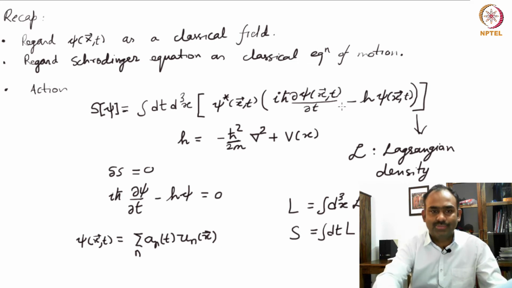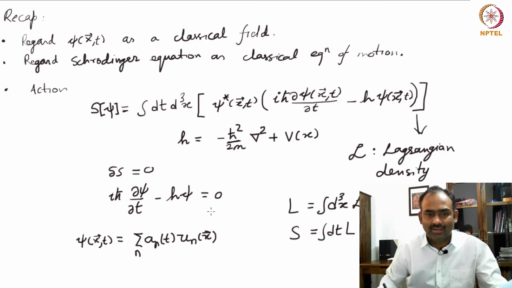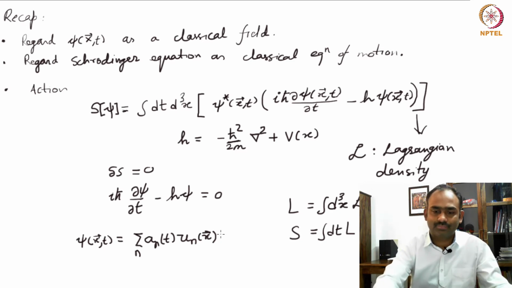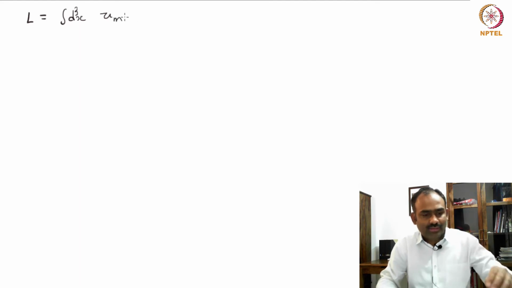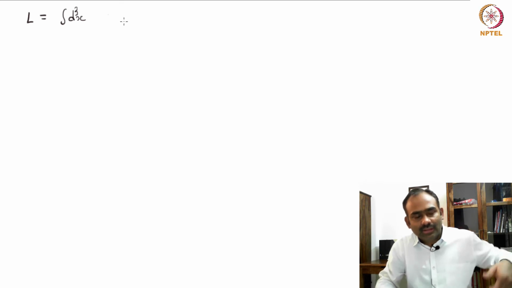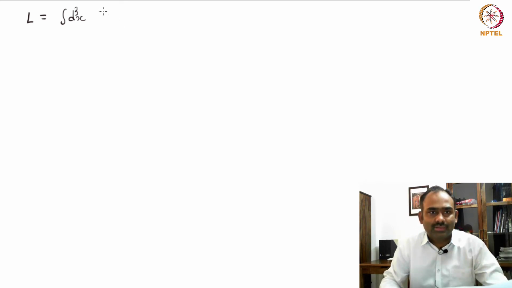I'm going to substitute in this part the decomposition of psi. Instead of n, I'm writing m for psi star.